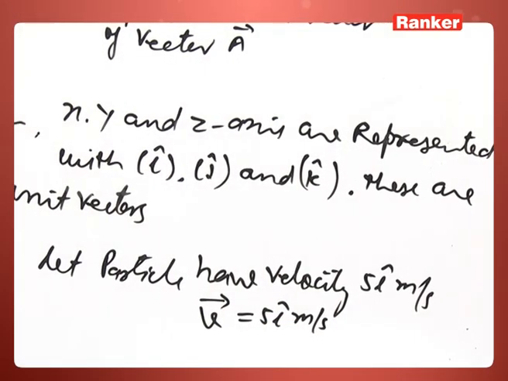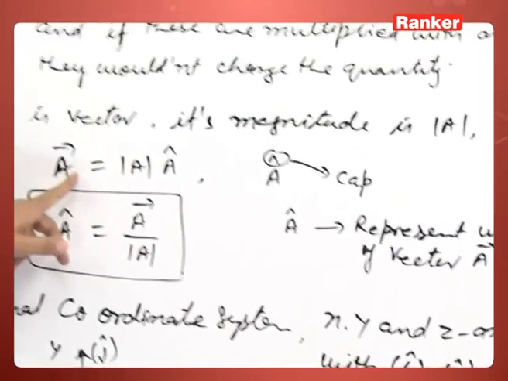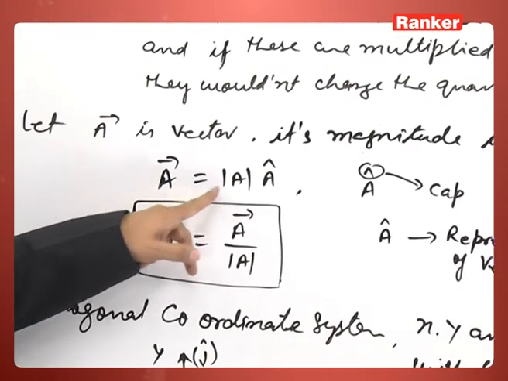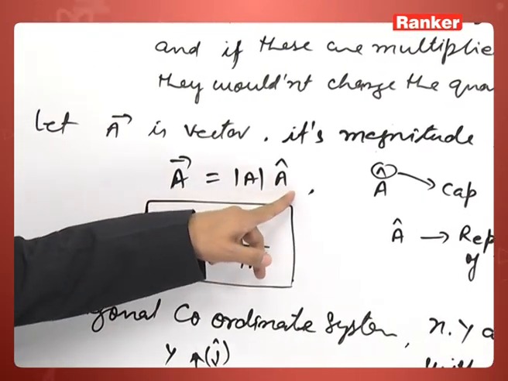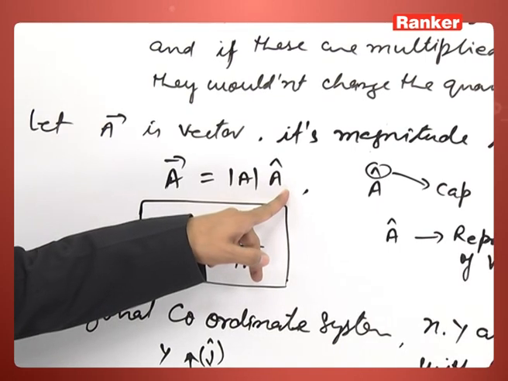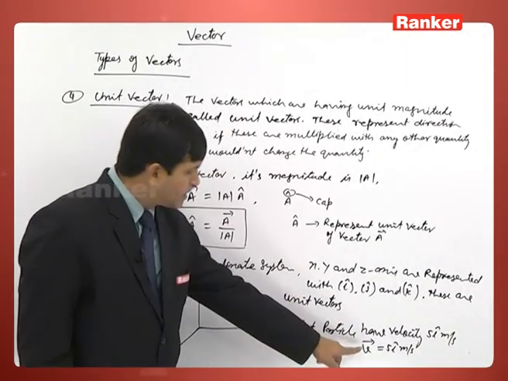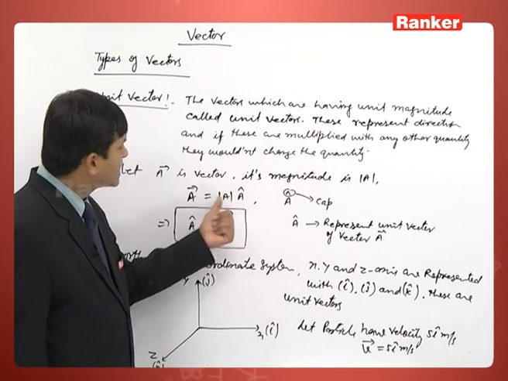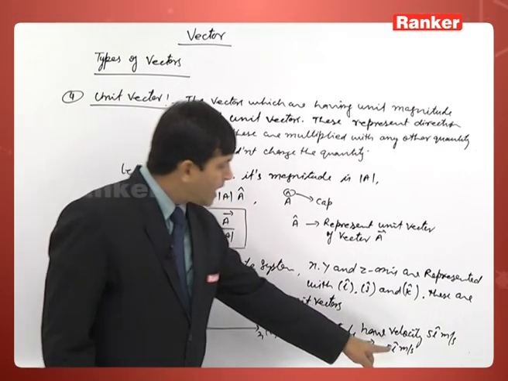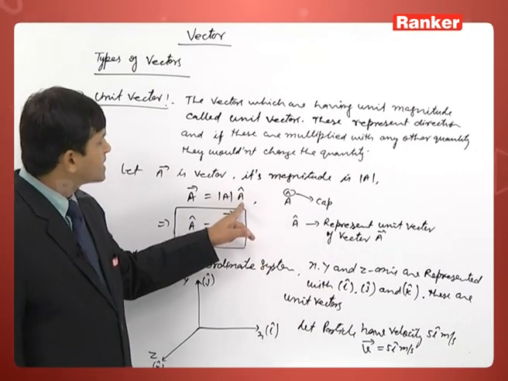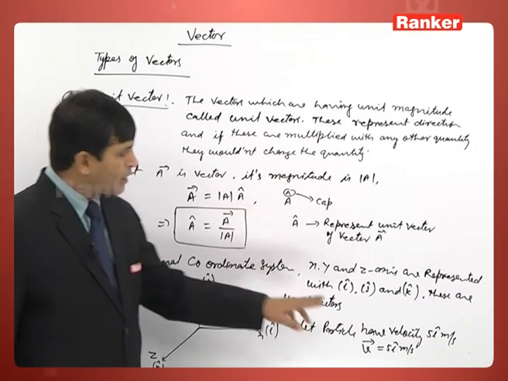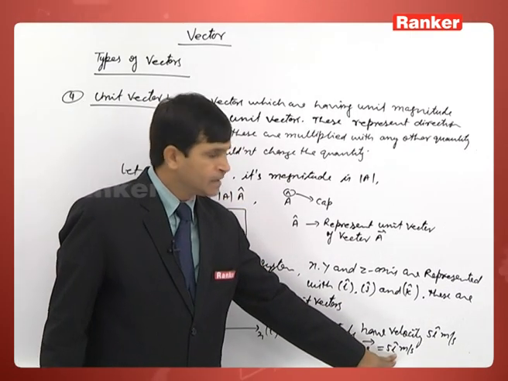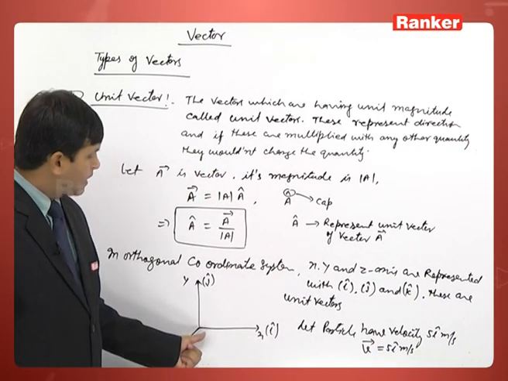See the comparison from here. Let vector A have magnitude mod A and A cap represents direction. Same thing here: for velocity V, 5 represents its magnitude, and i cap represents direction, just like A cap. So, i cap is defined along the x axis.